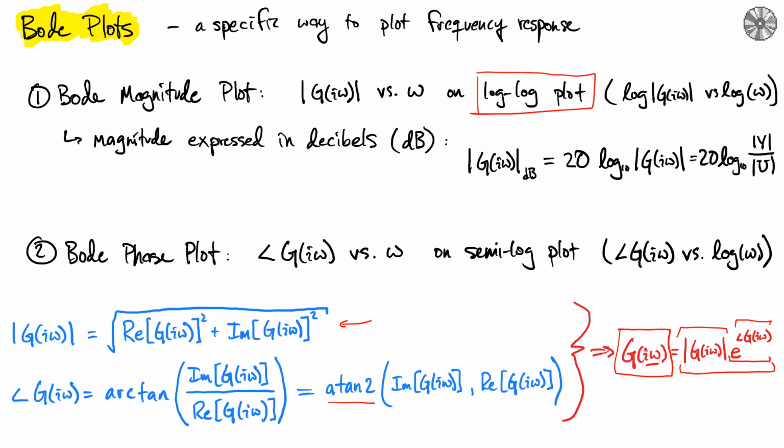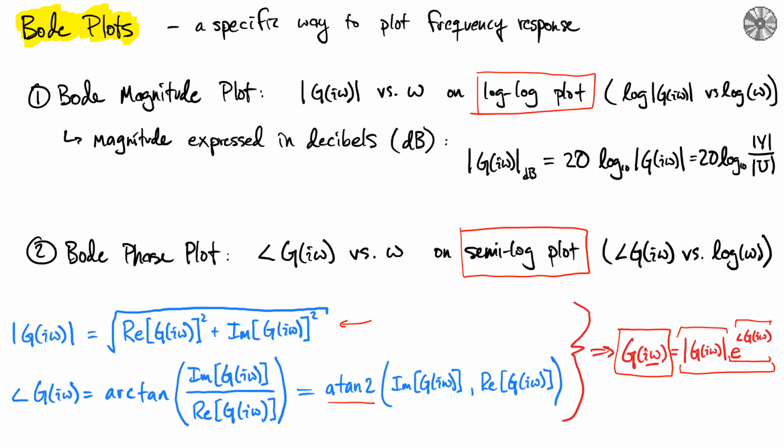And the phase is on a semi-log plot, which means that we take the log of the frequency on the horizontal axis and we keep the phase in angles. So we're going to keep that in degrees just so that we can read it nice and easy. The reason why we change the magnitude is because the magnitude changes quite dramatically. And so it's useful to characterize it on a log plot where those dramatic changes can be seen without squashing the rest of the information.